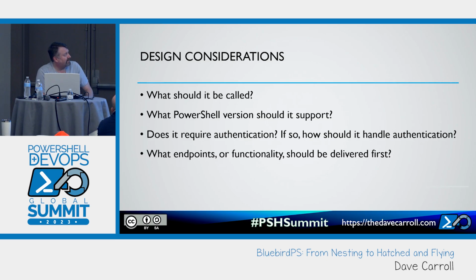So the next thing is, if you're going against a large API, what endpoints or what functionality do you need to support? With Twitter, basic functionality would be tweeting something, or maybe getting a user, or maybe doing a search, maybe posting something.